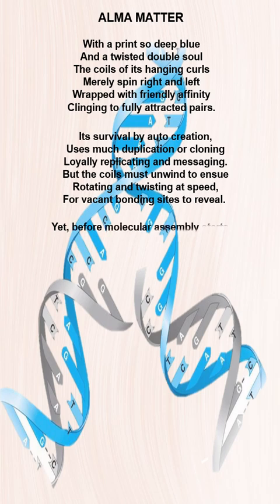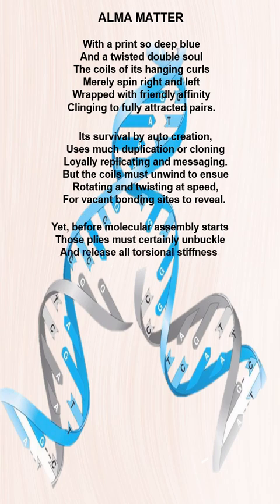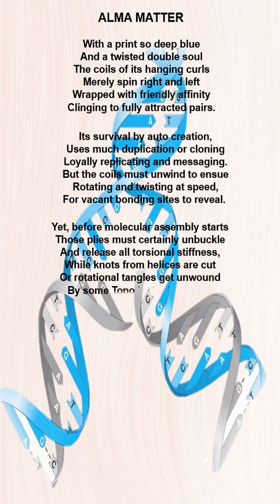When you unwind this tightly coiled DNA helix, it creates a lot of tension. Think about untwisting a rope. If you do it too fast, it's going to get all tangled up. So to prevent that, cells use special enzymes, like polymerase, which I think is who the topo-isotonic master is in the poem.